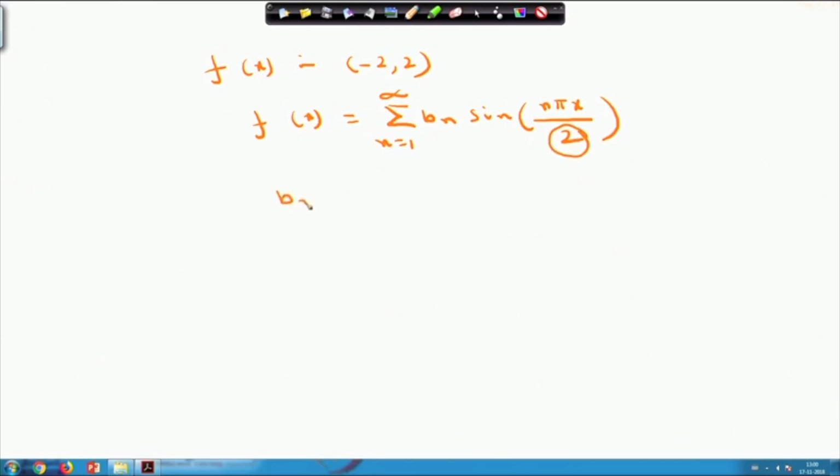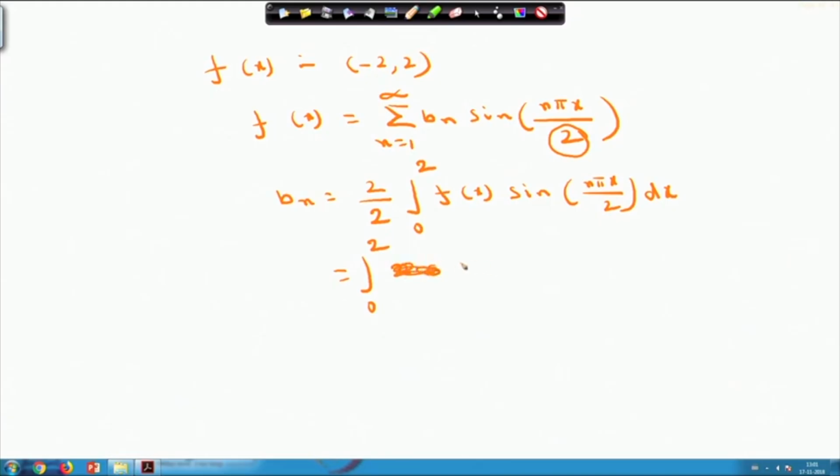Similarly, b n will be 2 by L, L is 2, and the limit will become 0 to 2 f x into sine of n pi x by 2 into dx. Now, in 0 to 2 the value of f x is x. So, you can write it as 0 to 2 x into sine n pi x by 2 into dx.